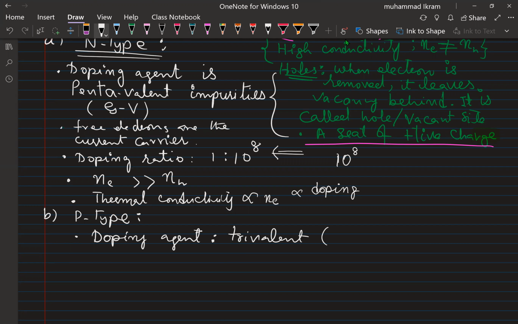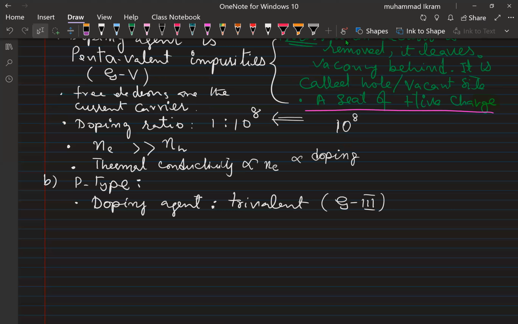That is, here the doping agent belongs to group 3 elements, which have valency from group 3. Here the holes are the vacant sites, and holes are the current carrier. So holes carry the current here, right?